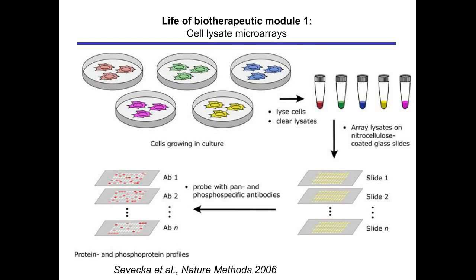In this method, you take lysates from cells, and you can do this with hundreds of cells treated with small molecules or therapeutics or growth factors, and array those lysates onto a variety of slides that can then individually be interrogated with antibodies to different pan-specific, meaning measuring the total abundance of proteins, or with phosphospecific or other types of modification-specific antibodies.